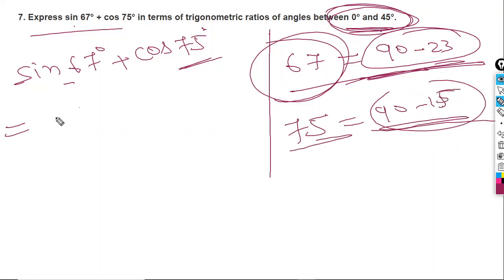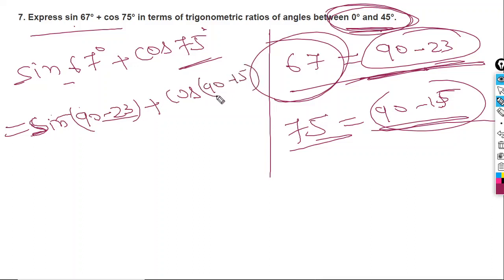So let's start. So sin (90 minus 23) plus cos (90 minus 15), which will be equal to, we know that sin (90 minus theta) equal to cos theta.